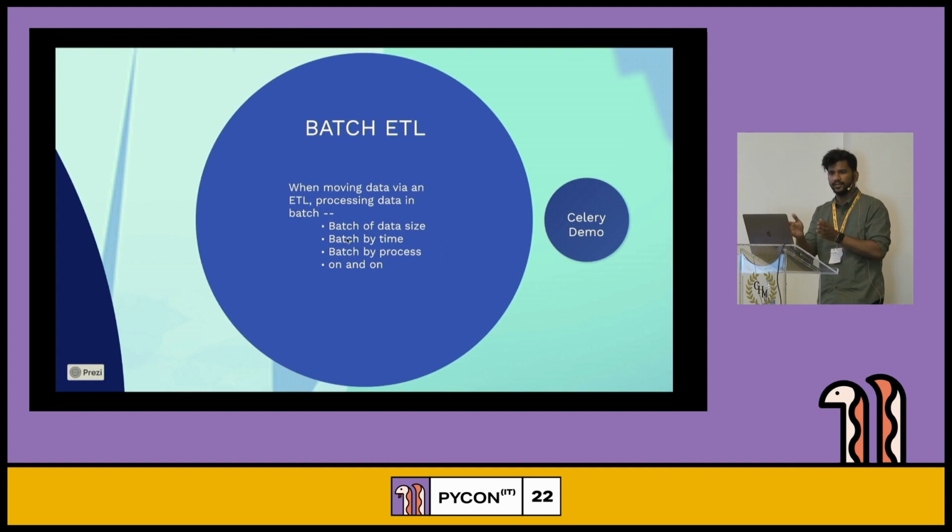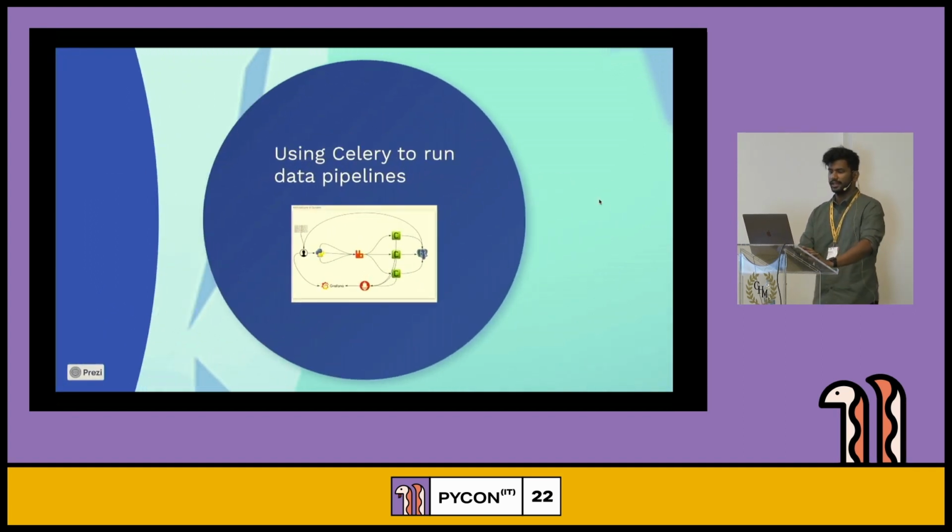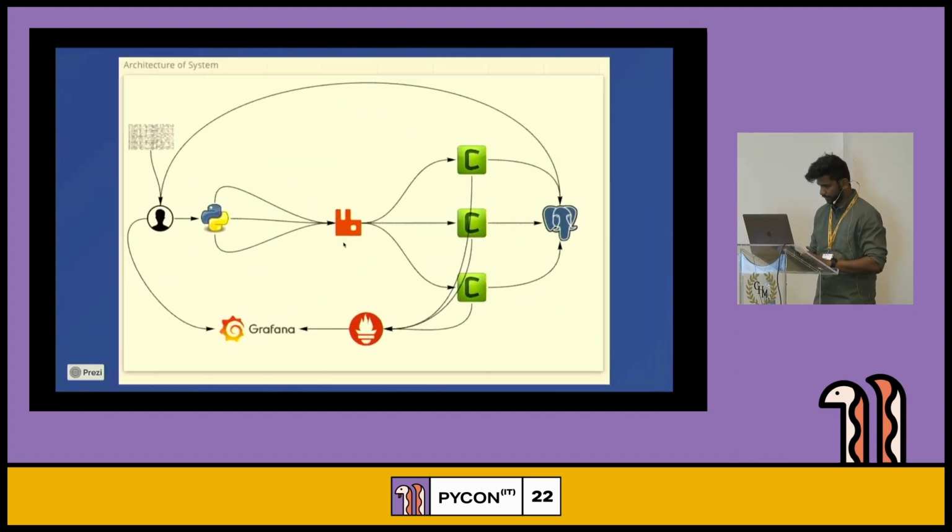These pieces could be divided by any logical differentiation that you want. It could be based on time, based on size, based on process. Maybe you want to have some different process at a given moment in your business, and then you do your batching according to this. So I have a demo. It's based on Celery, and also this is... I don't know if I can make it bigger. Yeah.